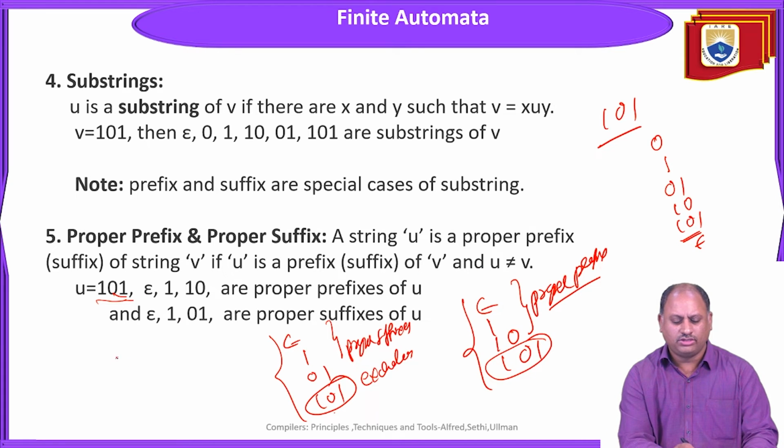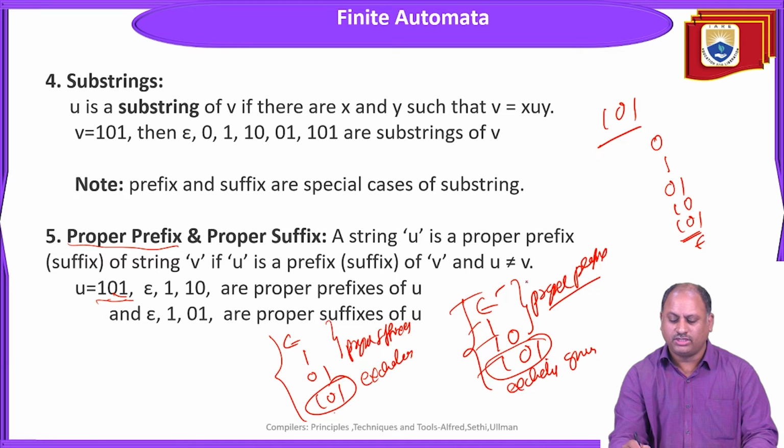So we list all the prefix values for 101: epsilon is one prefix, 1 is one prefix, 10 is another prefix, and 101 is also a prefix. A proper prefix is obtained by excluding the given string.